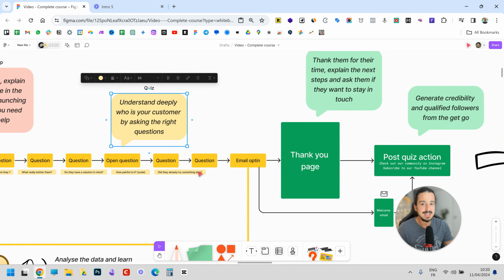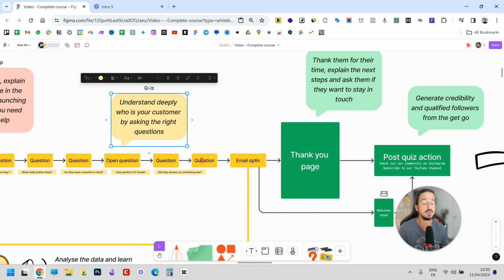Once they finish, at the end of the quiz, obviously what you want is to get an email address, because you want to launch your product soon. If you find out that there is a real pain, you want to launch your product. So you ask them, do you want to be notified when we launch? If they say yes, it's a logical next step that they give you the email address.